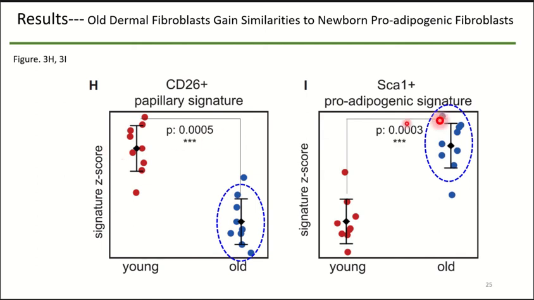In addition, Figure 3I shows a significant relationship between old fibroblasts and the SCA1 positive pro-adipogenic signature. In other words, it could suggest that old fibroblasts acquire pro-adipogenic genes.